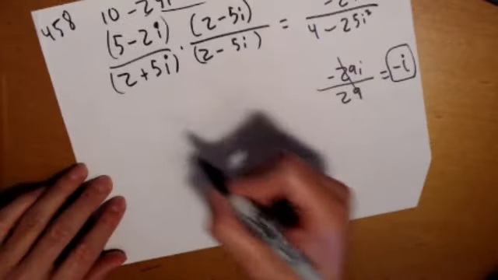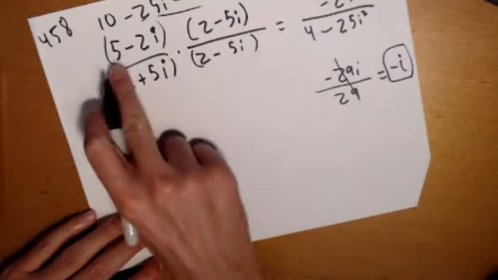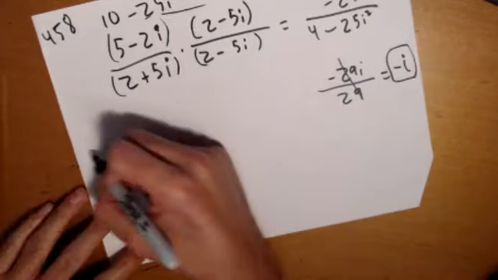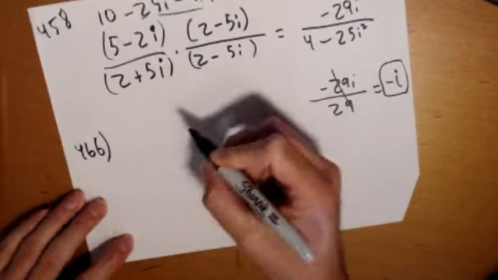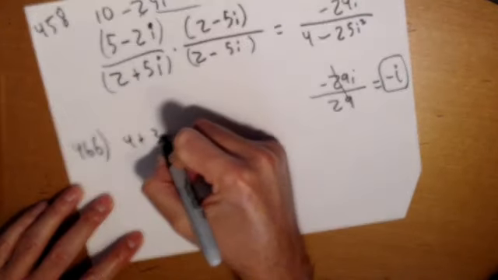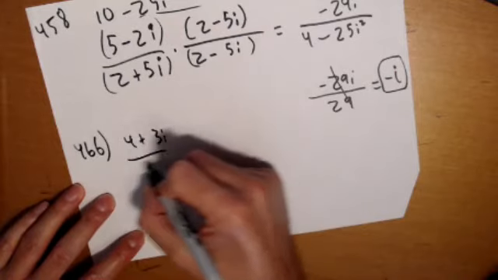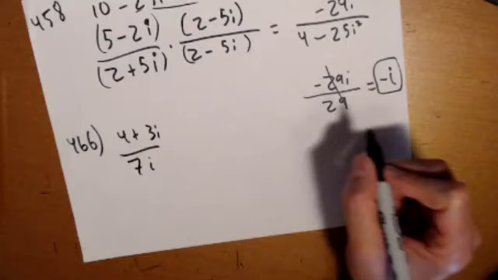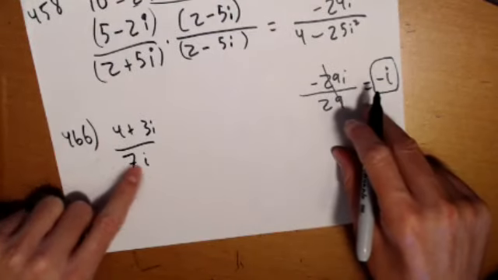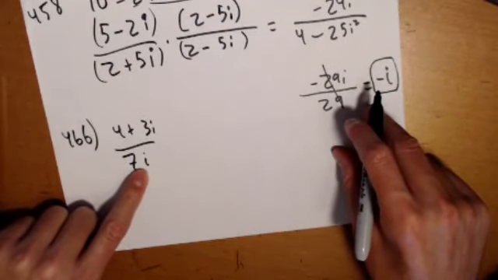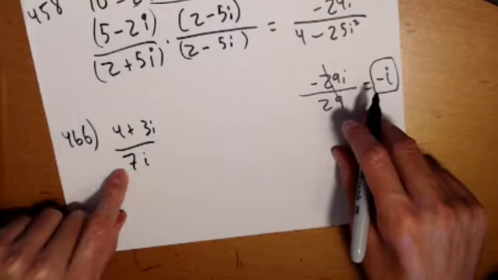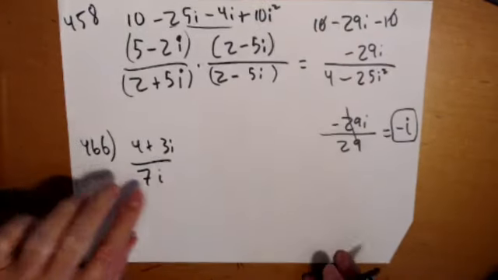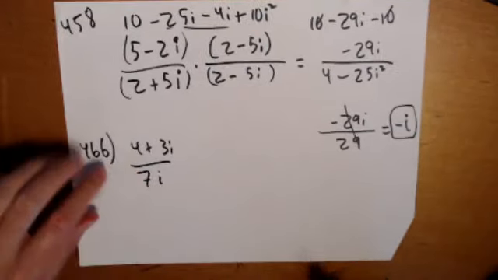What about number 466? If it's a binomial on the bottom, it's easy. So you have 4 plus 3i over 7i. How do we get rid of the i? It's not a binomial, but there is just a random i downstairs.